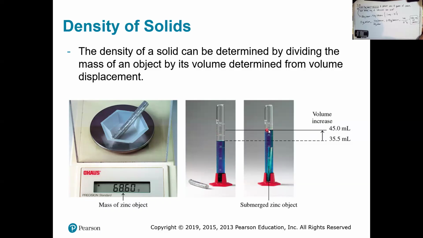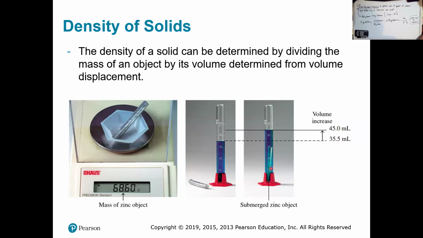Now you take this new volume reading. To figure out the volume of the metal, you take that new larger volume and subtract the original volume from it. The difference in these two is going to represent the volume of your piece of metal.